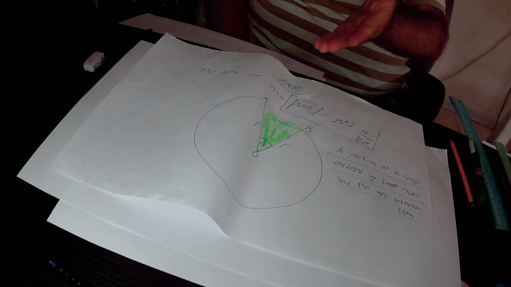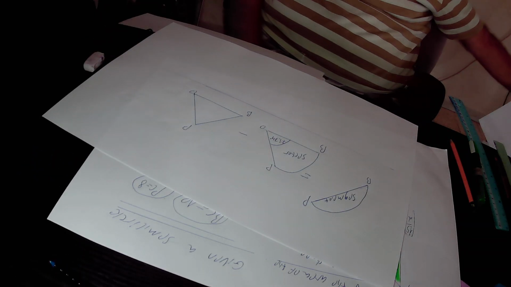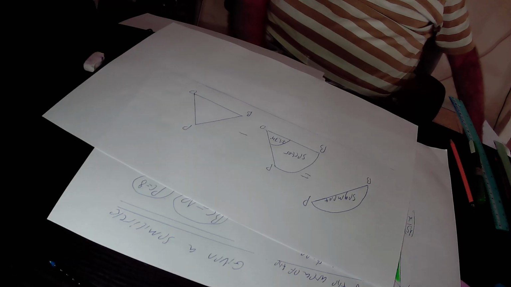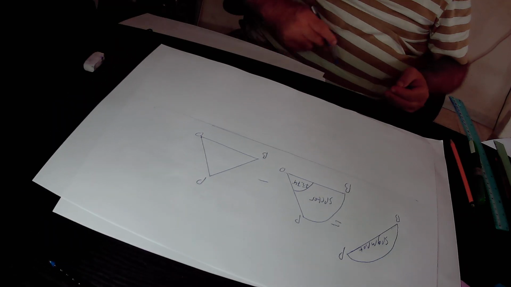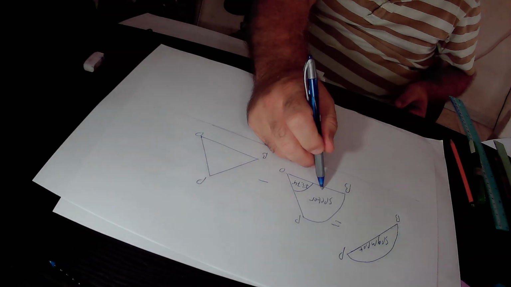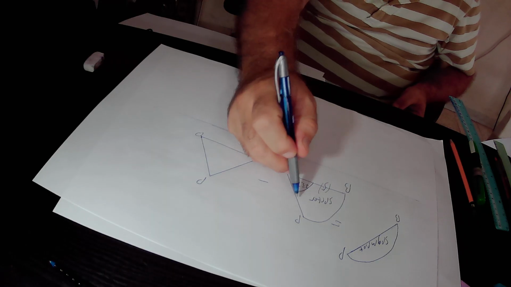Okay, so we use the new formula in order to find out the area of this sector, sector BOP. We know that BO equals 5, that is to say the radius of the circle or semicircle is 5.